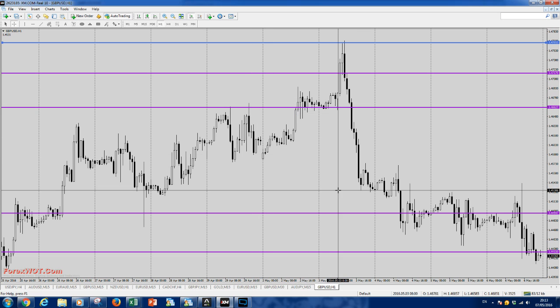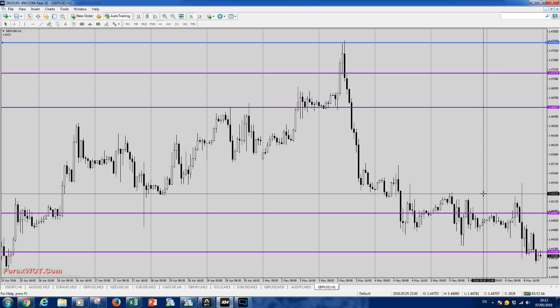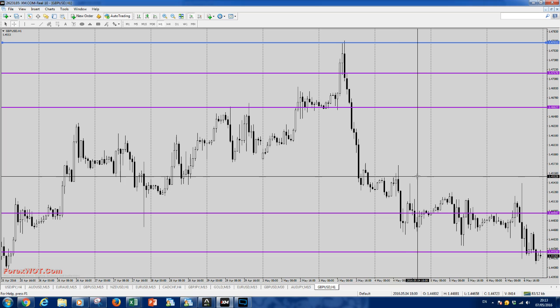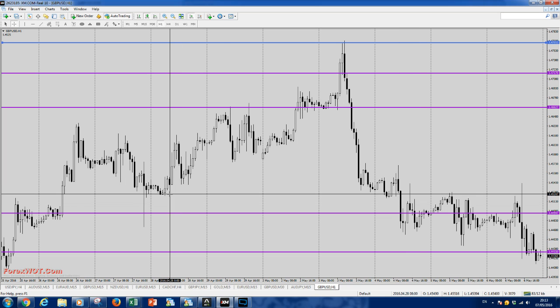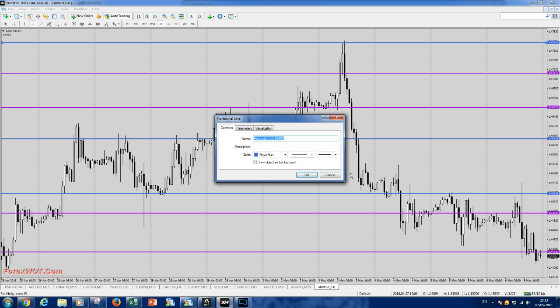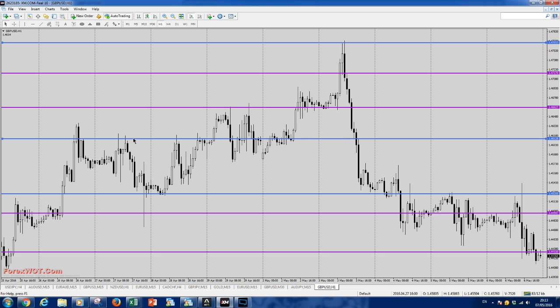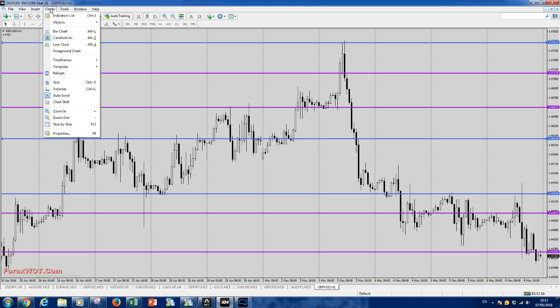If you want to, you can draw a line here, another line here, another line down here. If you keep drawing too many lines, you're just going to have lines everywhere. So this is the reason I don't draw so many lines.